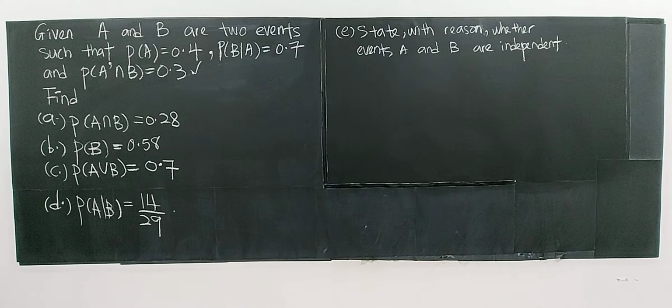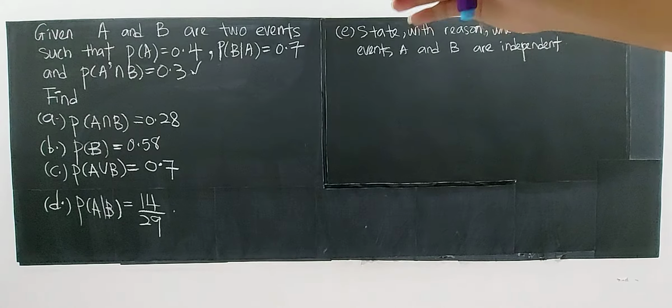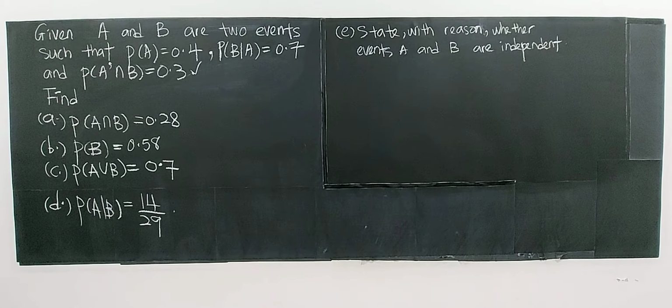Then the question asks you to state with reason whether events A and B are independent. If they are independent, it means that the outcome of one event does not affect the outcome of the other event.